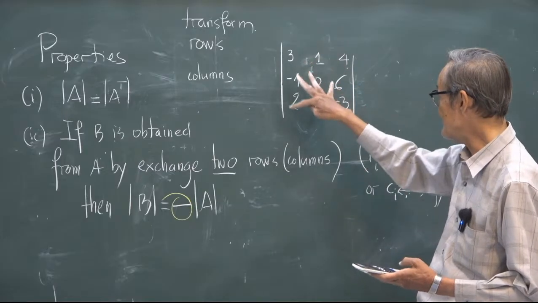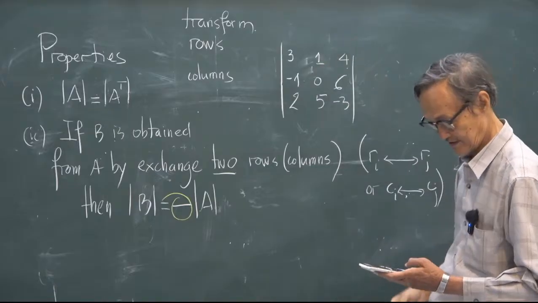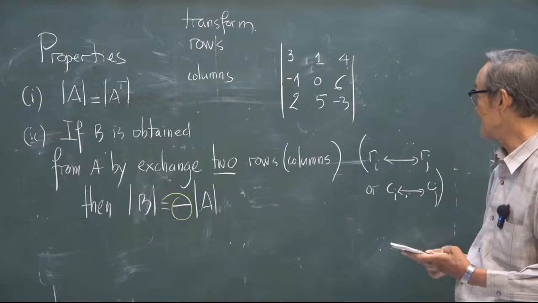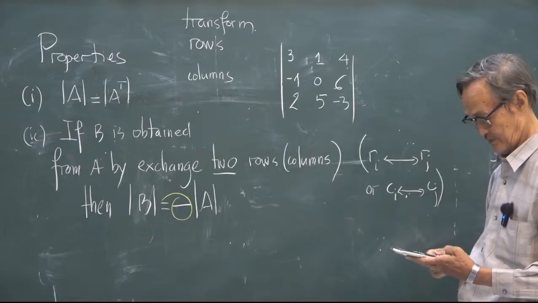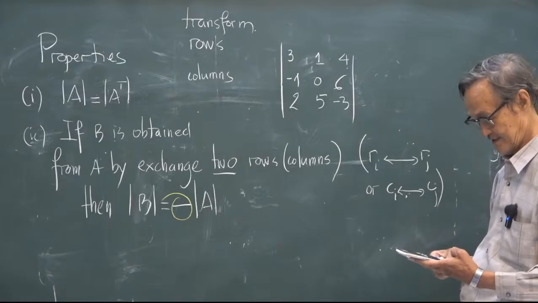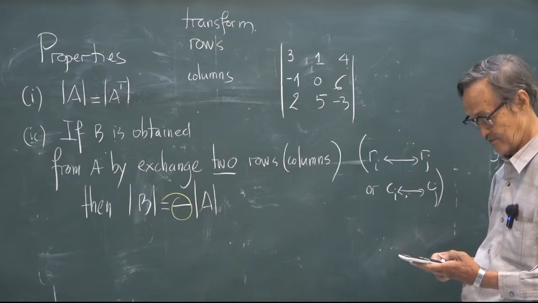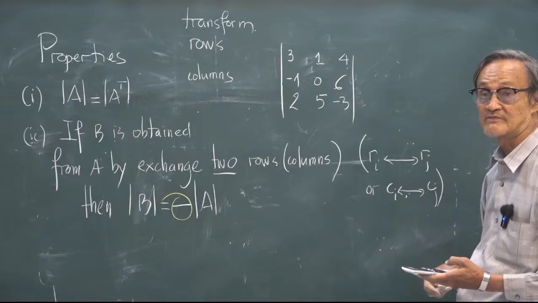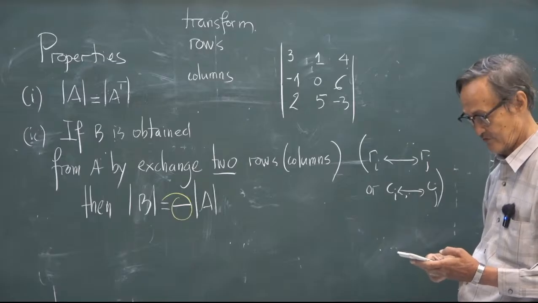We enter each element from left to right, from above to below: 3 equals 1 equals 4 equals minus 1 equals 0 equals 6 equals 2 equals 5 equals minus 3 equals, and press AC button to save.